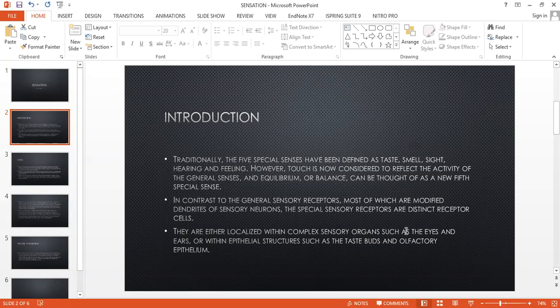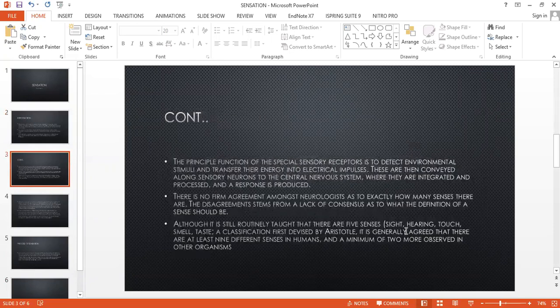They are either localized within complex sensory organs such as the eyes and ears, or within epithelial structures such as the taste buds and olfactory epithelium. The principal function of the special sensory receptors is to detect environmental stimuli and transfer their energy into electrical impulses. These are then conveyed along sensory neurons to the central nervous system, where they are integrated and processed, and a response is produced.